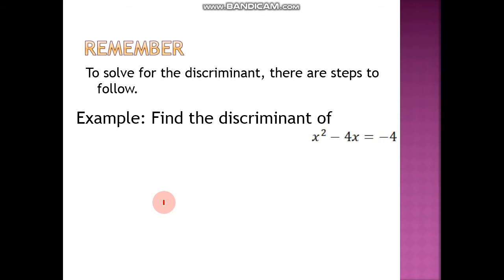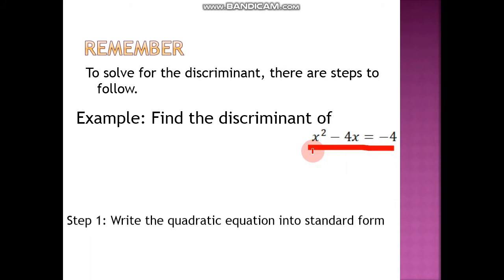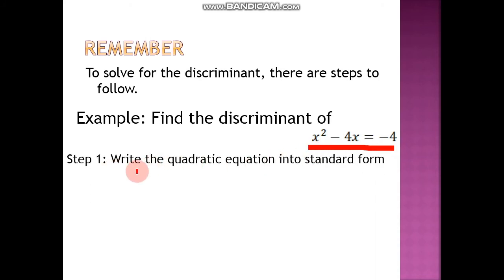Let's have this example. Find the discriminant of x squared minus 4x equals negative 4. As you can see, this given example is not in standard form. So step 1, write the quadratic equation into standard form. From x squared minus 4x equals negative 4, use additive inverse.